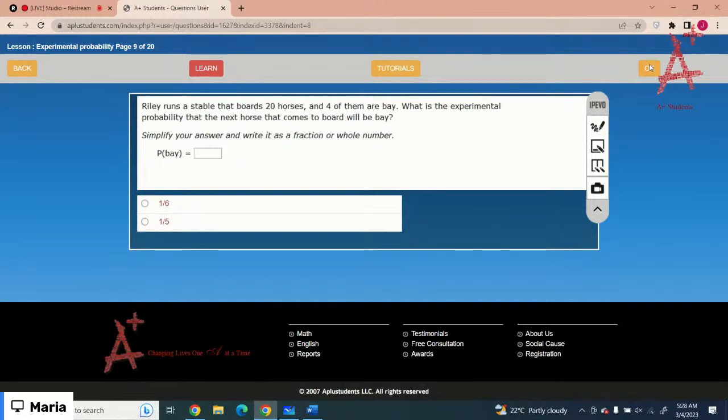Okay, Riley runs a stable that boards 20 horses and 4 of them are bay. What is the experimental probability that the next horse that comes to board will be a bay? So, which is the correct option?